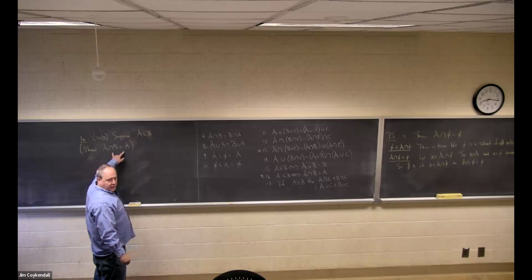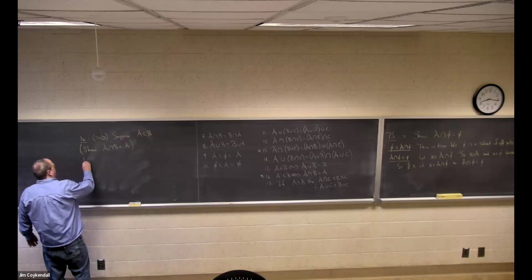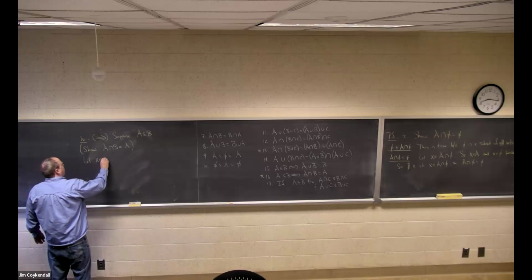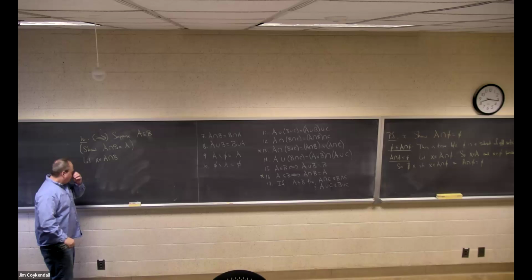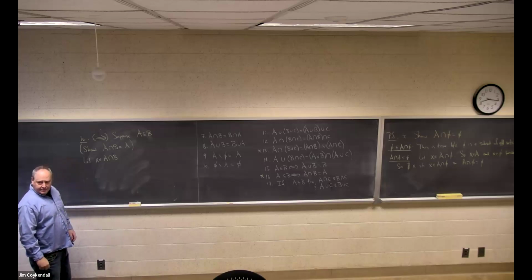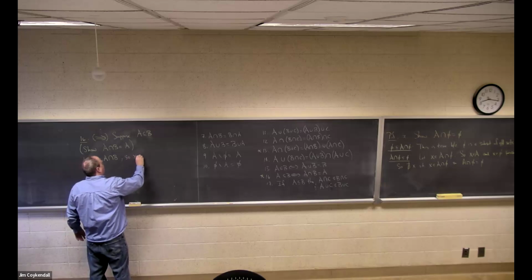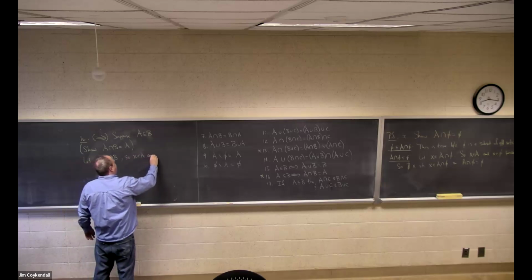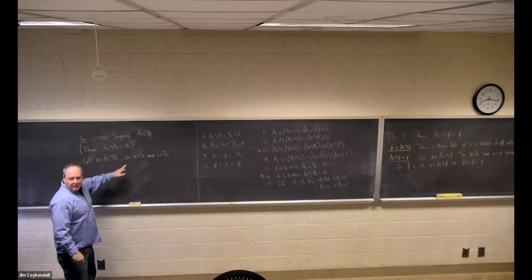Okay, I'm going to go through this carefully. I'm going to do two inclusions. Let X be in A intersect B. This implies X is in A and X is in B. That's what it means to live there.